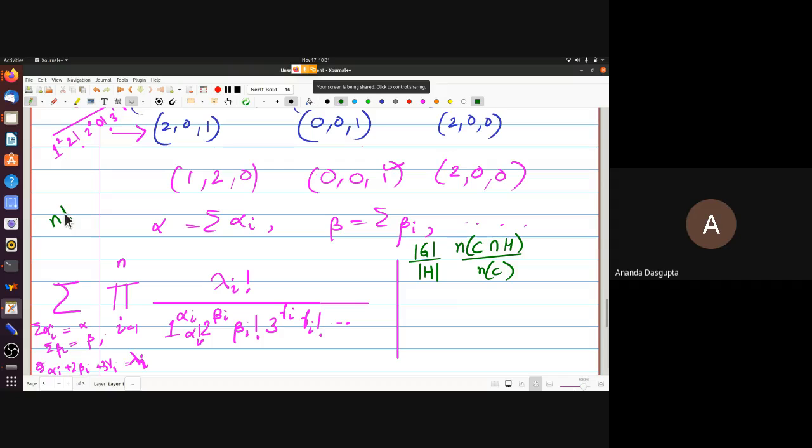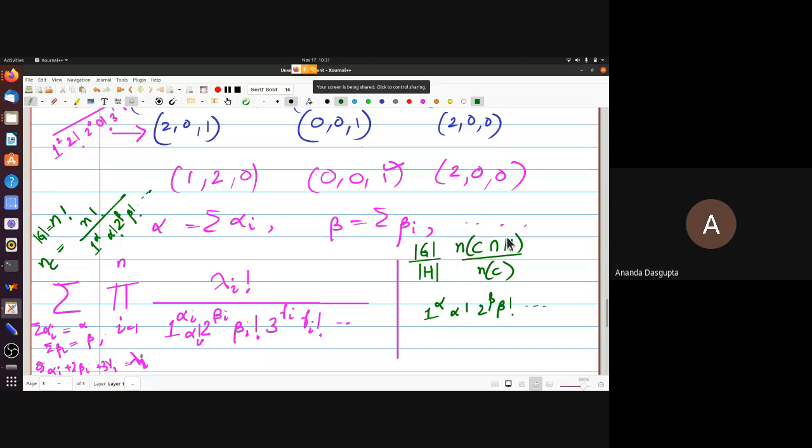Mod G was simply n factorial. What was NC? NC, of course, was nothing but n factorial divided by 1 to the alpha, alpha factorial, 2 to the beta, beta factorial, and so on. So when you divide these, the n factorial cancels out, right? You just have 1 to the alpha, alpha factorial, 2 to the beta, beta factorial, and so on. That's mod G by NC.